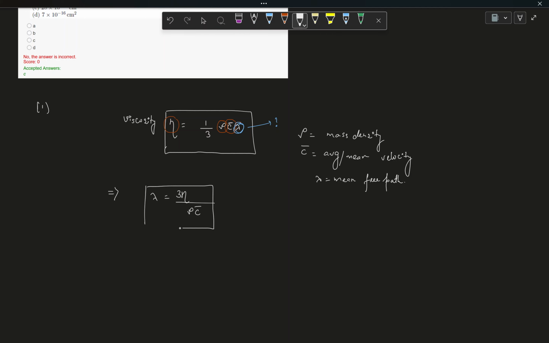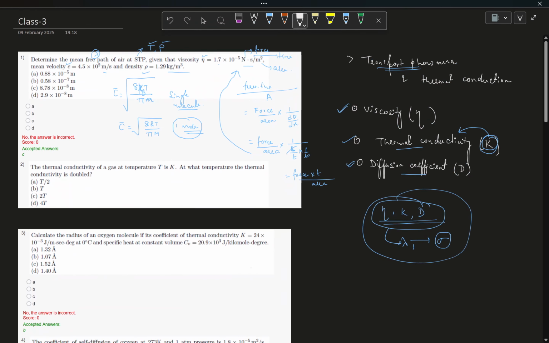Okay, so if that is the case, then just put the values carefully, maintaining the units all to be the same. If you are choosing SI units, then every term should be in SI units, and just calculate it to get the final answer. So you have eta as 1.7 into 10 to the power minus 5, all in SI units, and then 4.5 into 10 squared and 1.29. Remember, all are in SI units, so I do not need to convert anything.